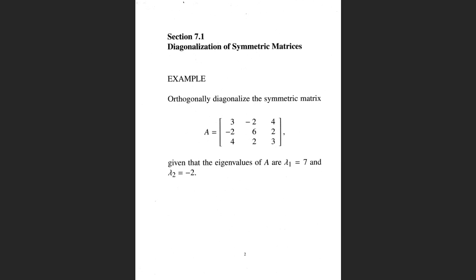Okay, so here we have this matrix A, 3 by 3 matrix. And here's the diagonal.